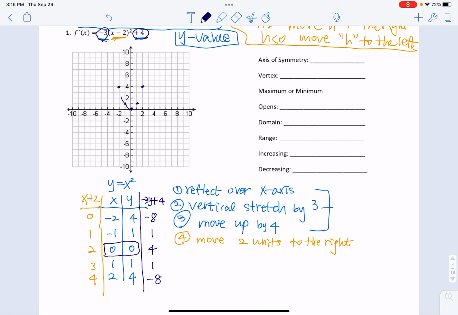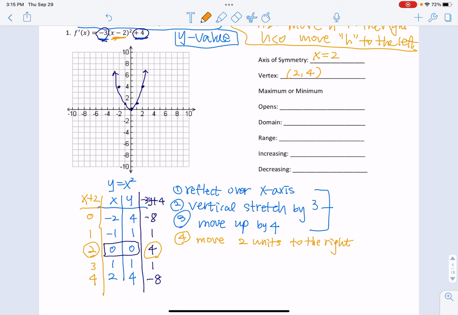The graph usually opens upward in a U shape, and now it moved because of the transformation. The vertex becomes 2, 4. And the axis of symmetry for the quadratic function is the x value of the vertex, so x equals 2.